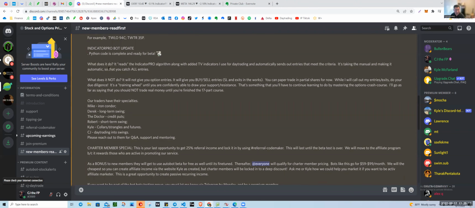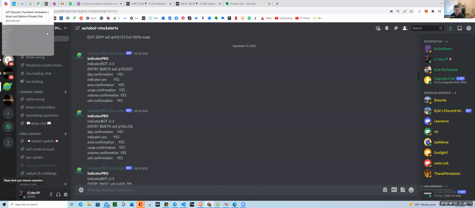So I chose a very quick example, which actually shows an ideal entry, and this took place on September 13th. The first automatic indicator bot that was called out around 9:50 was Meta.